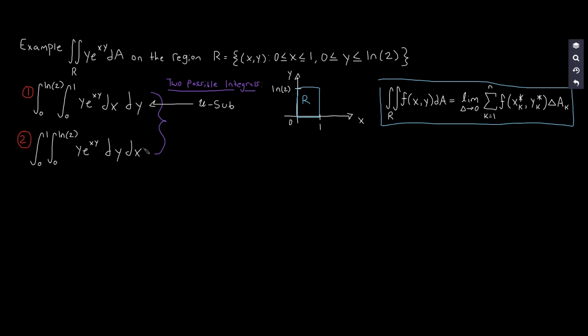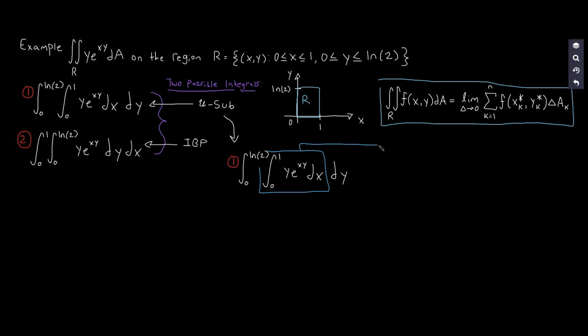So this is u sub, and this is integration by parts. So the inner integral first. I'm going to solve this with u substitution. Then I can set what equal to what? I think u becomes x times y.